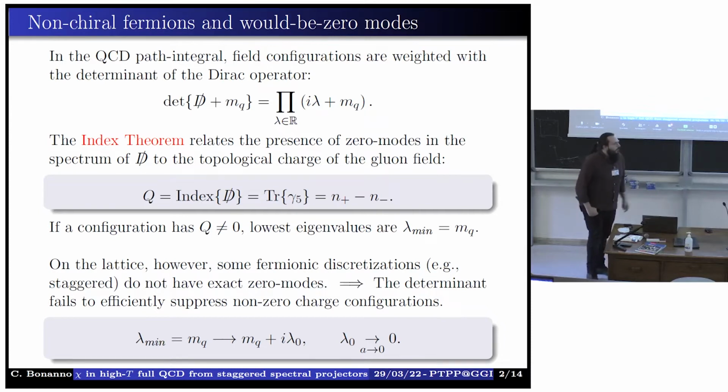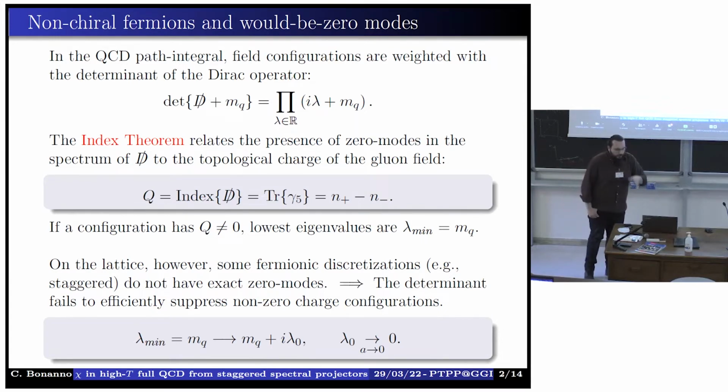So the starting point, as we all know, is that in the QCD path integral, field configurations are weighted with the determinant of the Dirac operator, which can be written as a product of the eigenmodes of this operator. The index theorem in the continuum relates the topological charge of the background gauge field configuration to the presence of zero modes in the spectrum of the Dirac operator, the number of left modes minus the number of right modes.